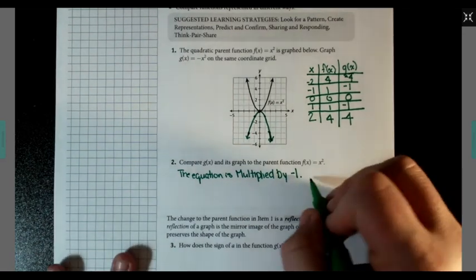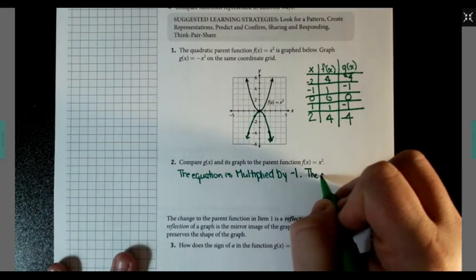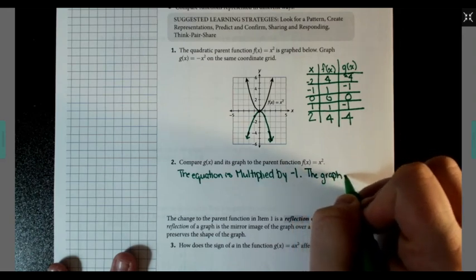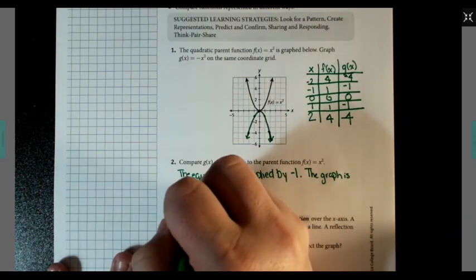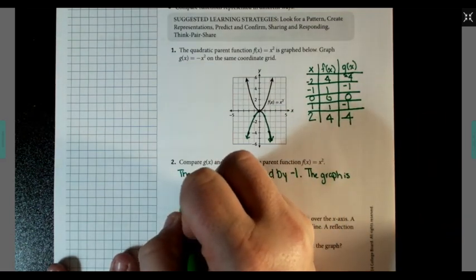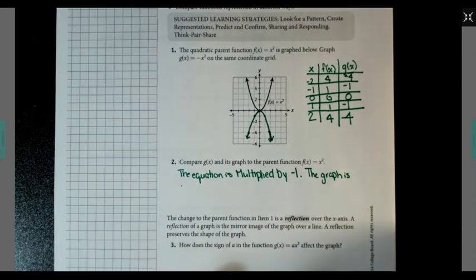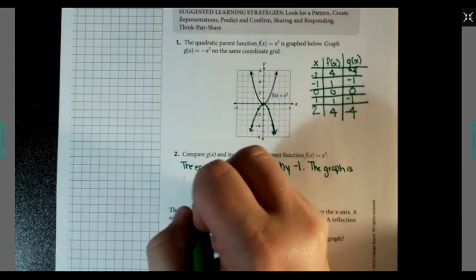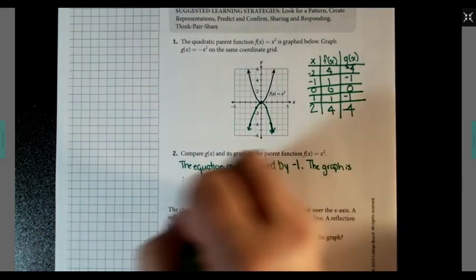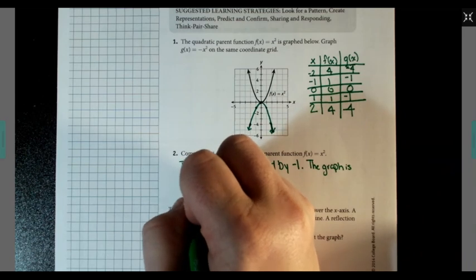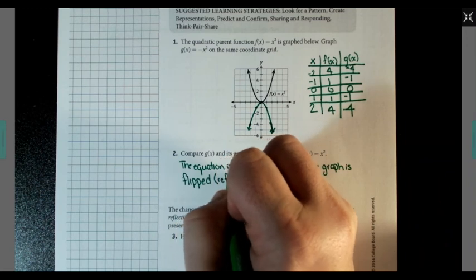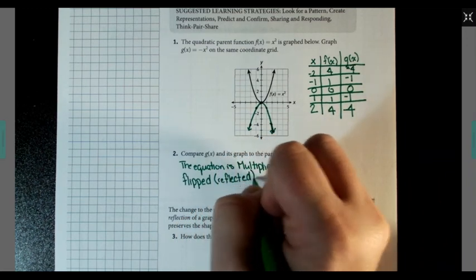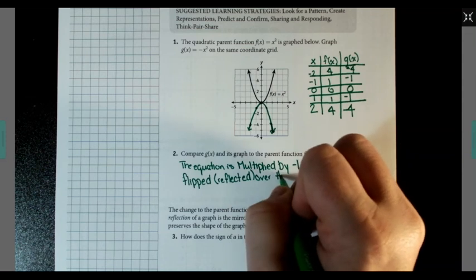The graph is basically the mirror image of f of x, or what we call a reflection. The graph is flipped or reflected over the x-axis.